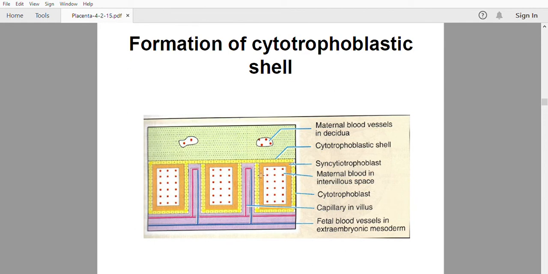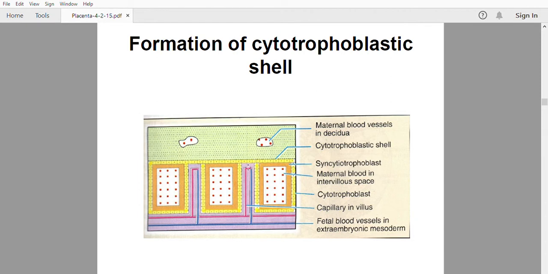The layers on the walls of the villi, from the fetal side: there is the endothelium of the fetal blood vessels. Blood is present inside the blood vessel, so it is covered by the blood vessel wall, isn't it?